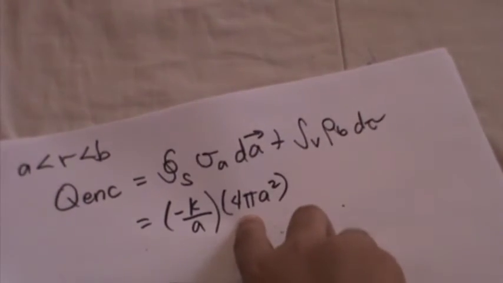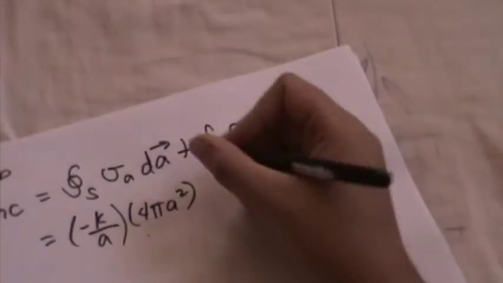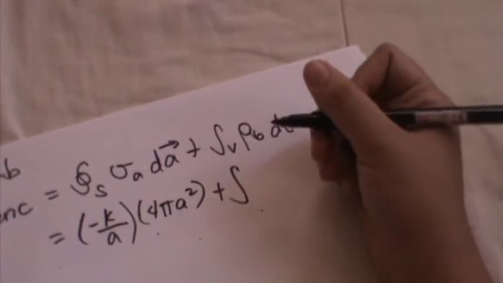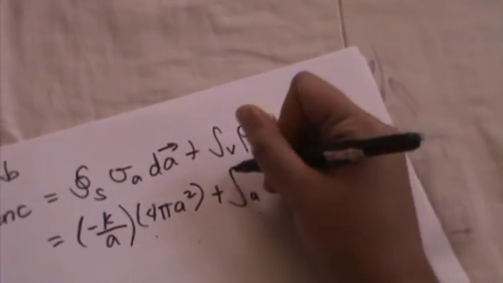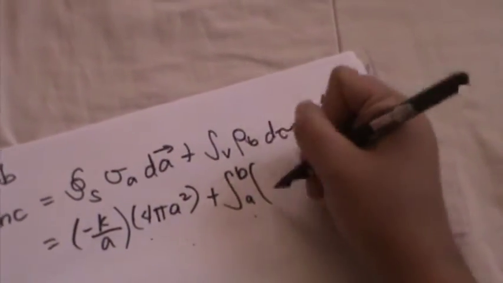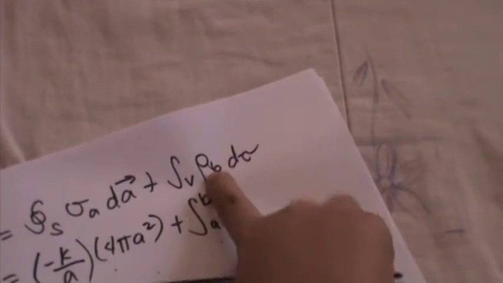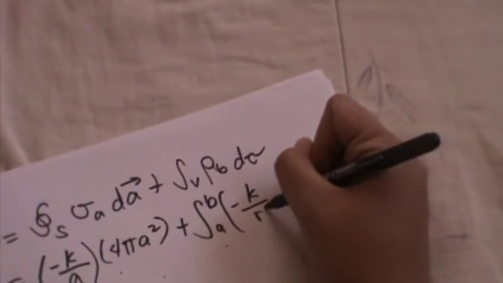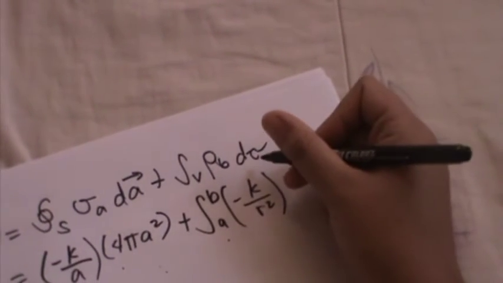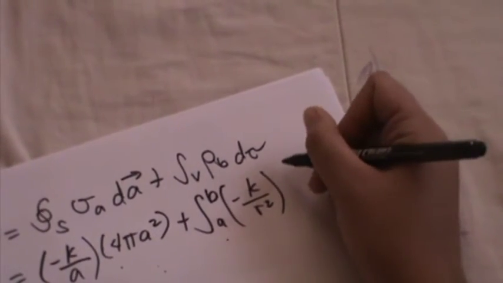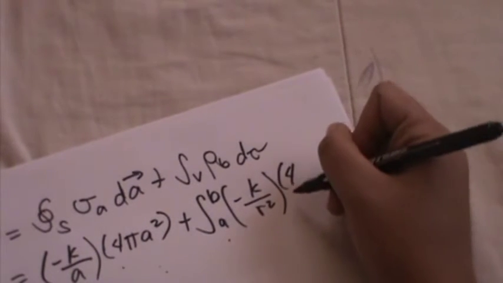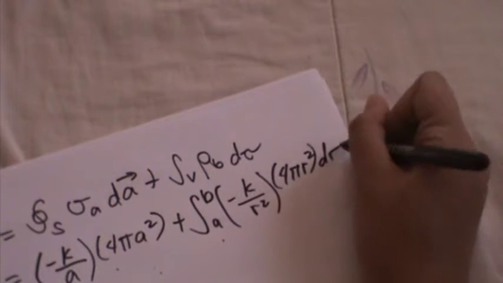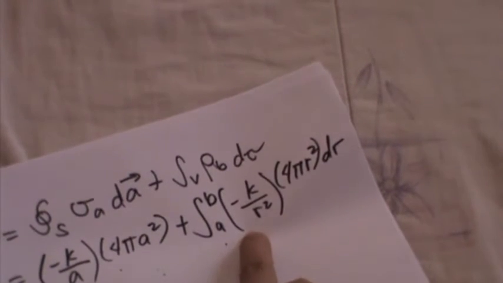This is the area of a sphere, plus the integral from a approaching r. So the value of this is negative k over r squared multiplied by d tau of 4 pi r squared dr. So here in this part, we retain r.